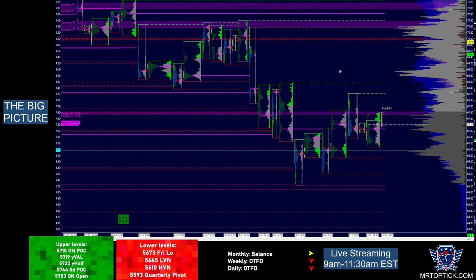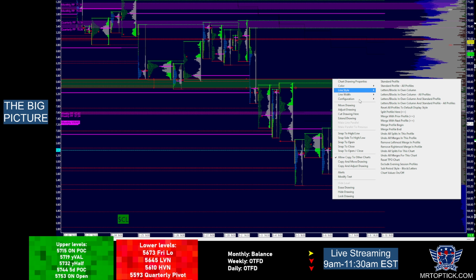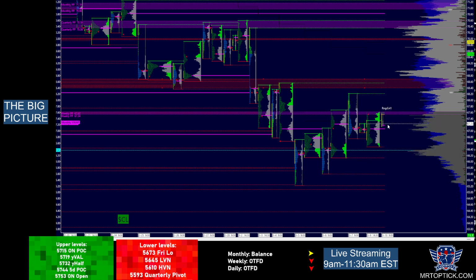I would watch this area right here for resistance, which is the area where we bounced, we moved higher, and then we saw sellers, and we left the single print here. So this is the area that we have to monitor, because this is where we saw sellers before.